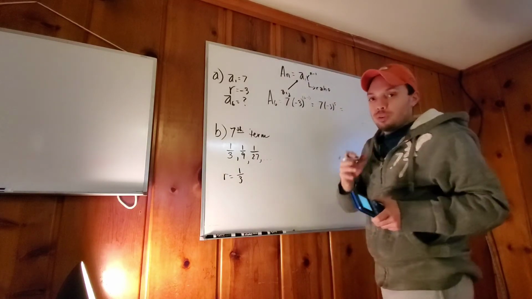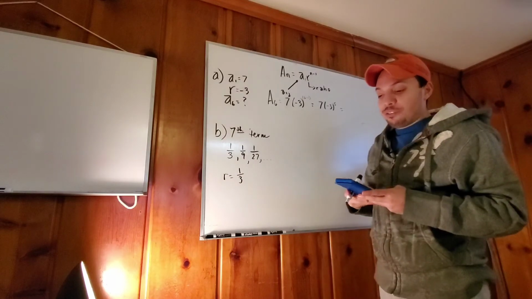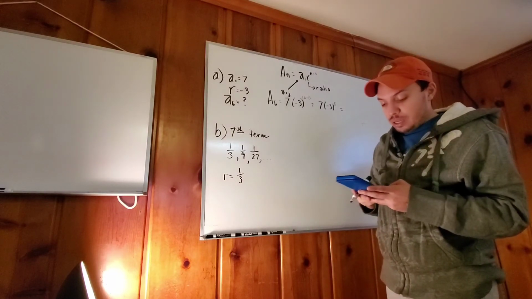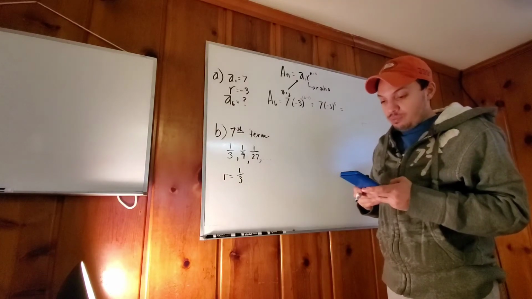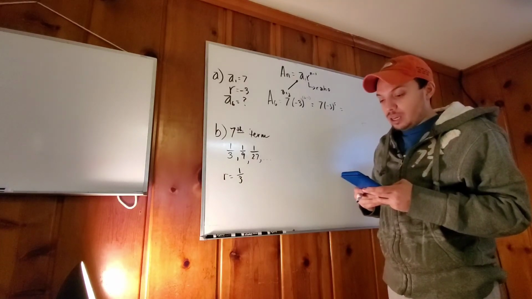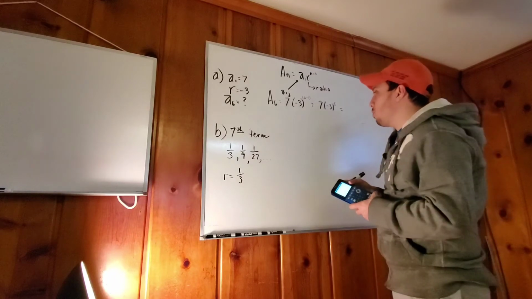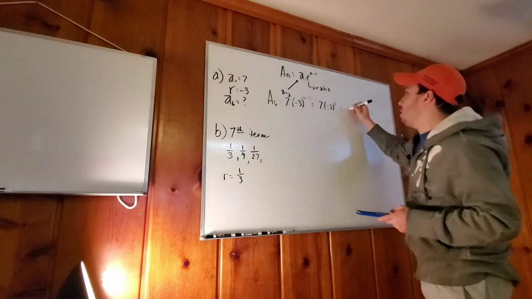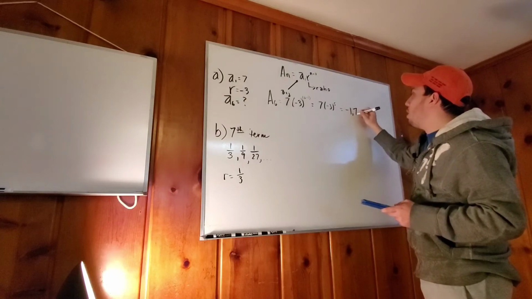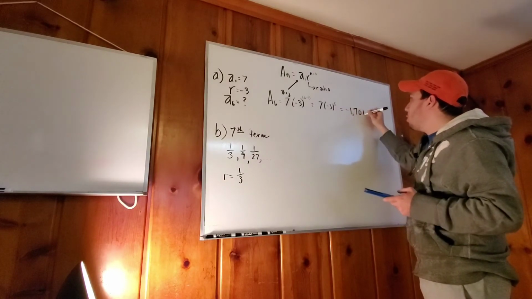Okay, that's why it's important to check. I didn't put negative 3 to the 5th. I put 3 to the negative 5th, which would make it weird. Oh, okay. Now we have negative 243. Now we're going to multiply that by 7, and we get, yes, correct, negative 1,701, which is what we need.